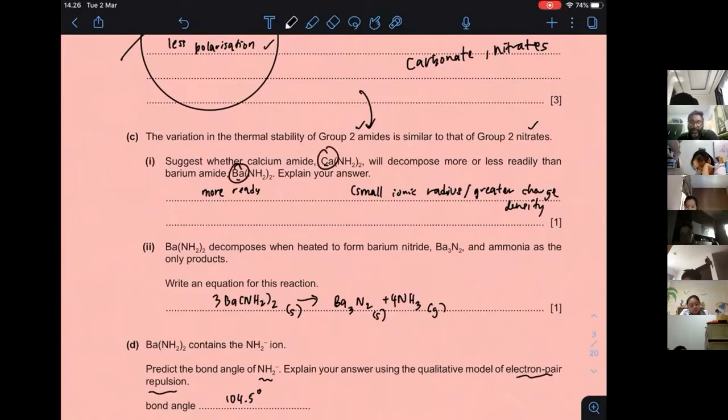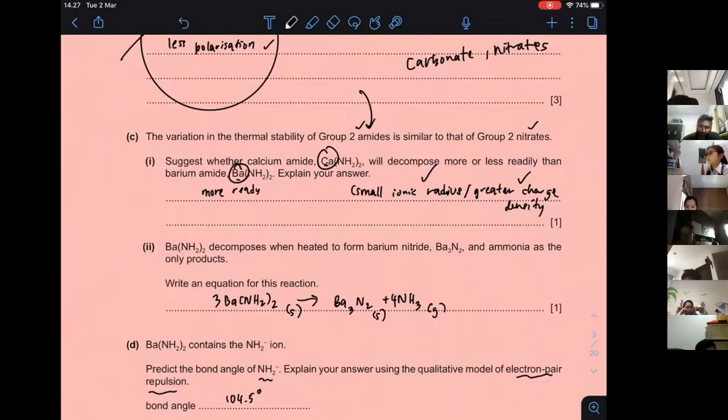Because of these two, greater charge density and smaller ionic radius, this is going to make the polarizing power greater for calcium. So the calcium amide will be more readily decomposed because of the small ionic radius or greater charge density.